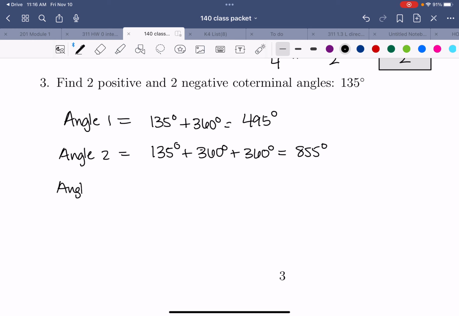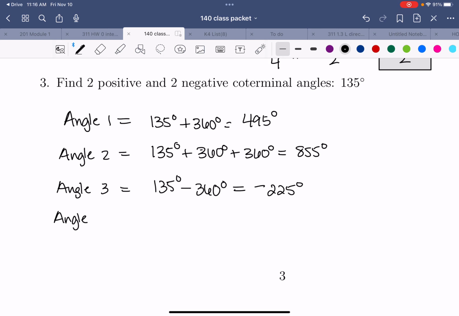For angle 3, now we want two negative coterminal angles. So I'm going to start back at 135. And instead of going around in a positive direction, I'm going to go around 360 in the negative direction. So I'm going to subtract 360. And negative 225 would be our first one.